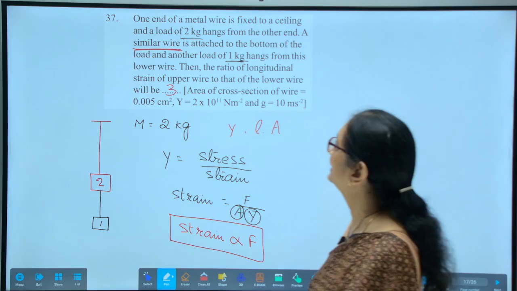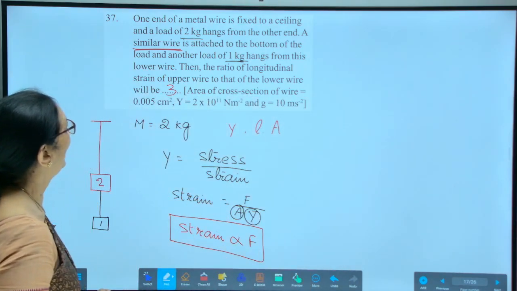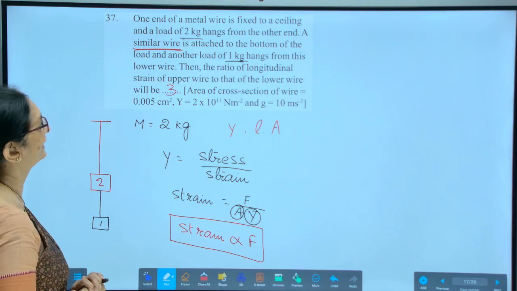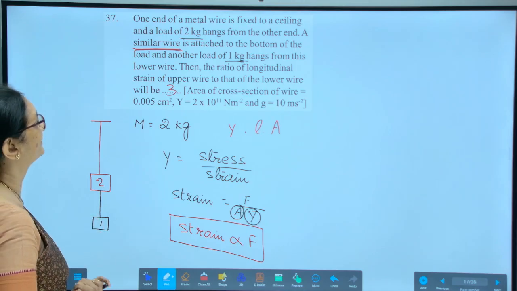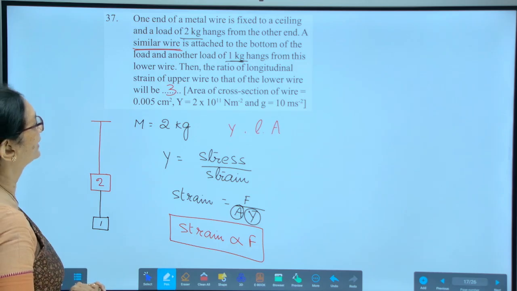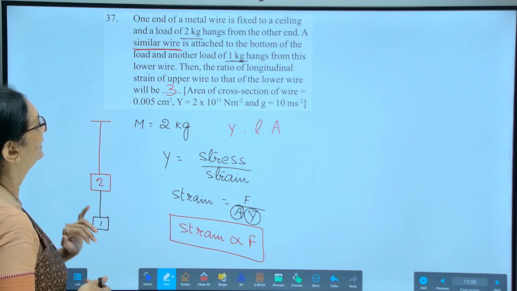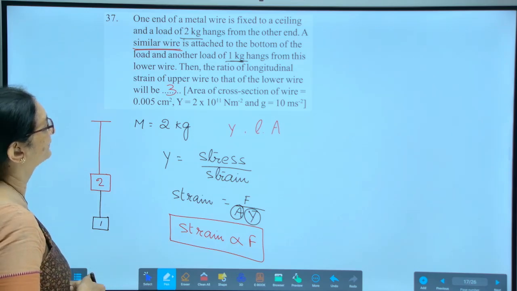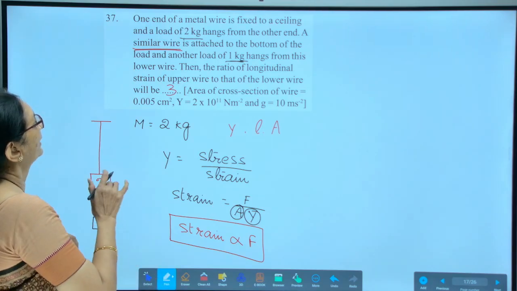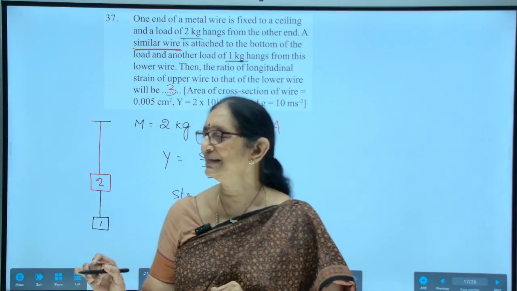One end of a metal wire is fixed to a ceiling and a load of 2 kg hangs from the other end. A similar wire is attached to the bottom of the load and another load of 1 kg hangs from this lower wire. Ratio of longitudinal strain of upper wire to the lower wire. Both of them are made of the same material. Look here, the problem is like this.